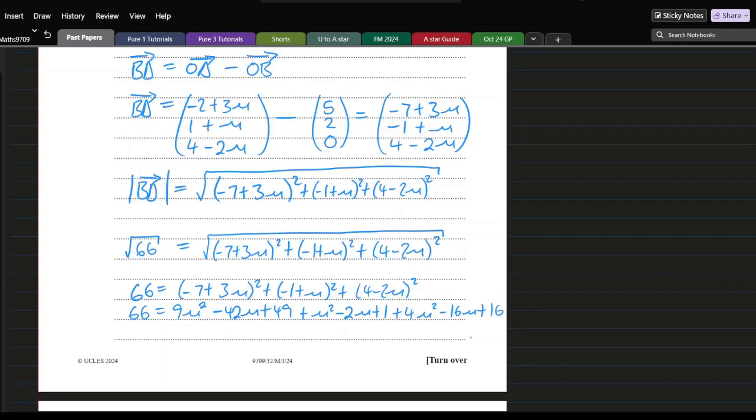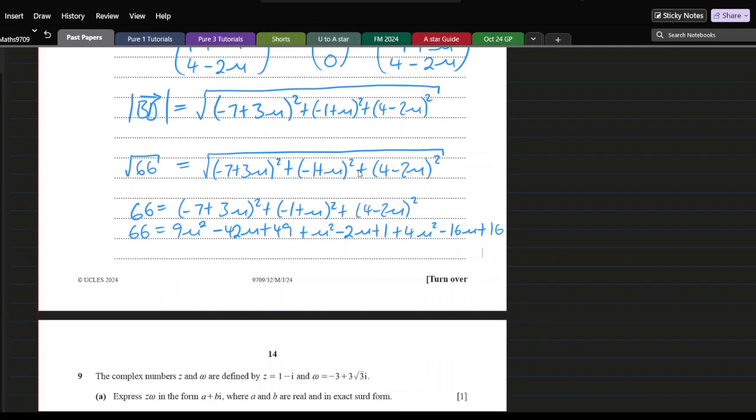Alright, so let's simplify and collect like terms. 9 mu squared plus mu squared is 10 mu squared, plus 4 mu squared, that's 14 mu squared.